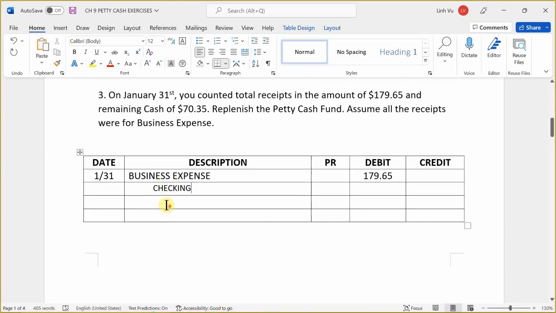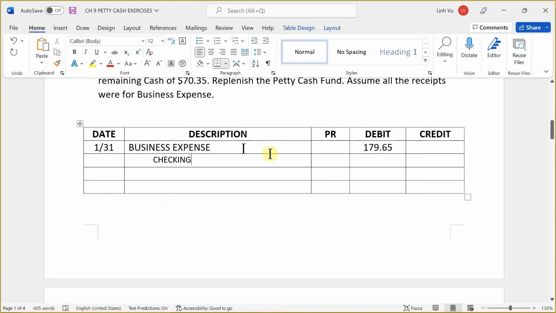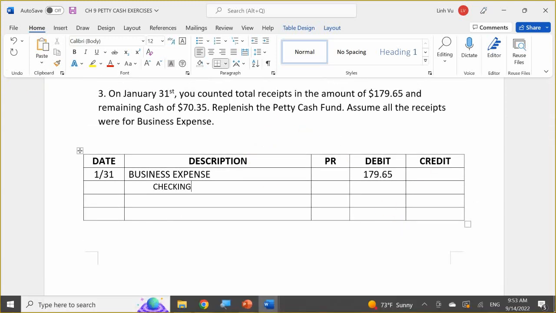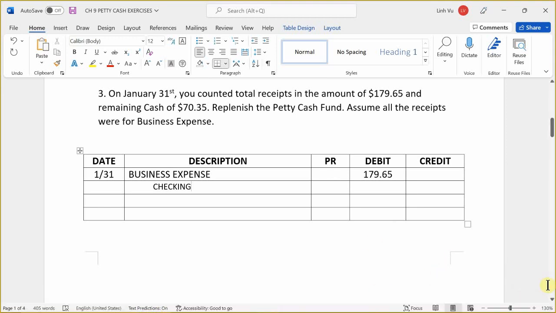And it's for the total amount of receipts, not the total amount the petty cash drawer is supposed to be. So if I put back that $179.65 in there, and I already have $70.35 in there, it will bring my petty cash back to $250.